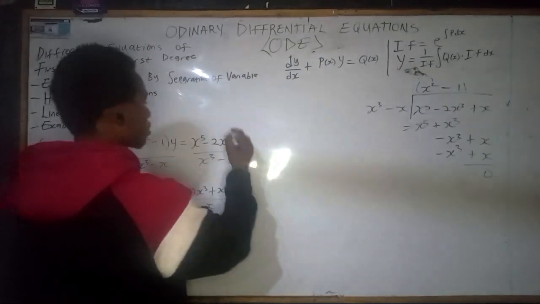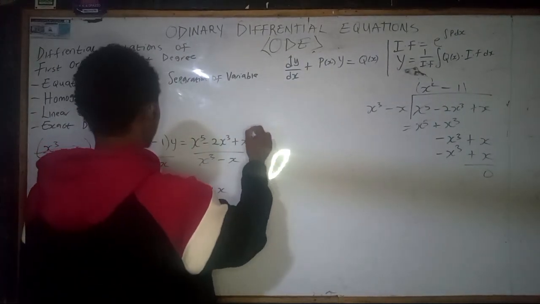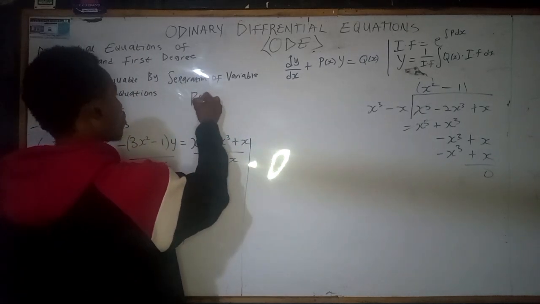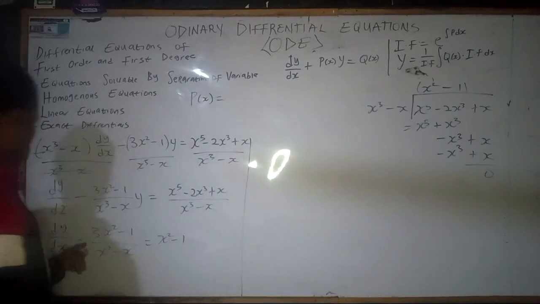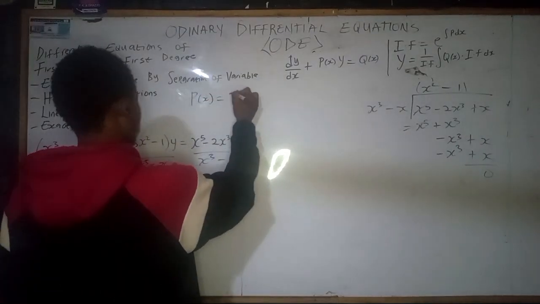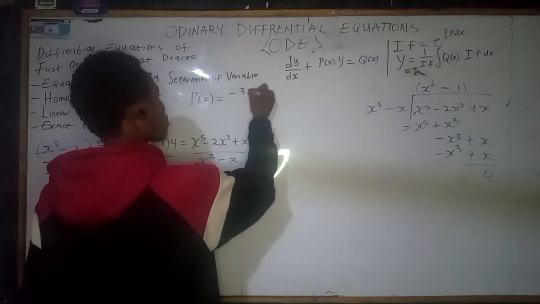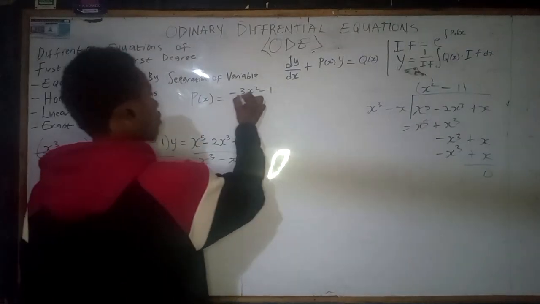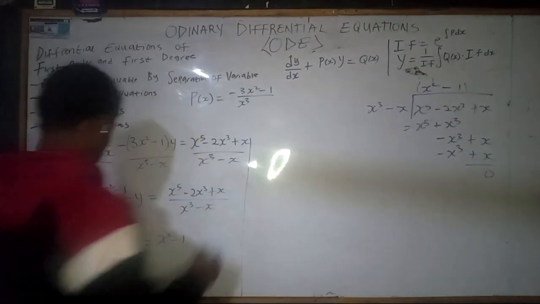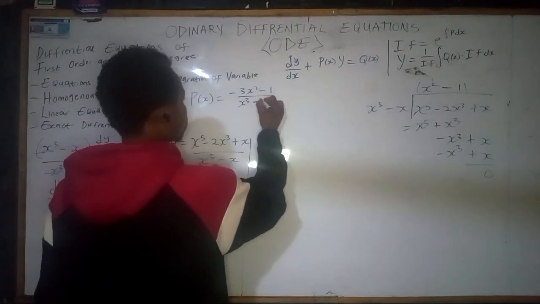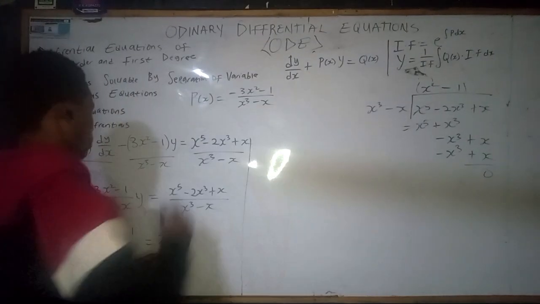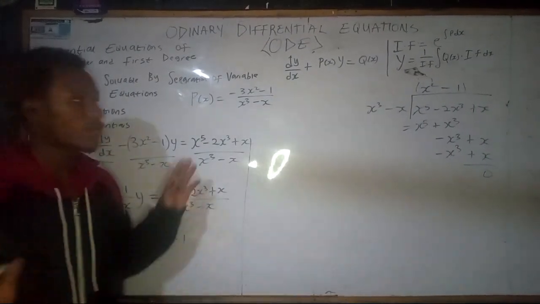Now P of x, which is very important for us to know, is equal to minus (3x squared minus 1) over (x cubed minus x). So now this is our P of x, and we know our Q of x is this right there. So we have identified that.